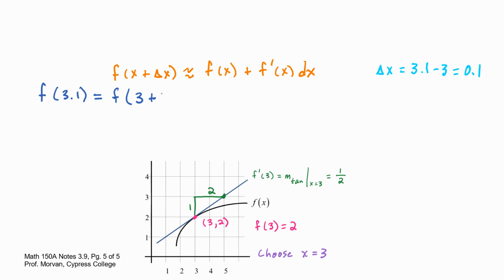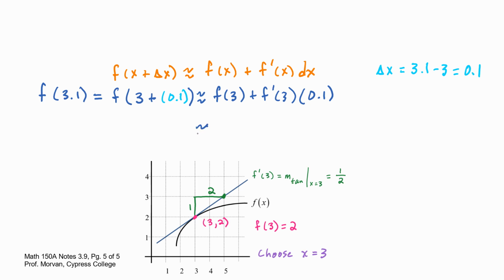So we put that in here. And we know that will be approximately equal to f of 3 plus f prime of 3 times dx, which is 0.1.